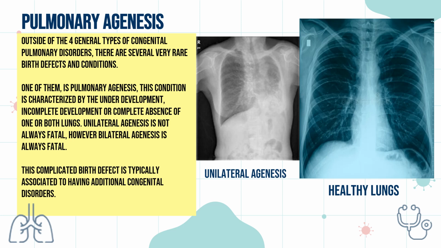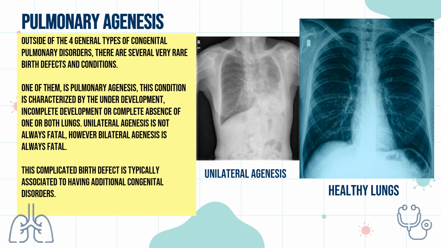Pulmonary agenesis is very rare. And this is just one of several very rare birth defects and conditions. This condition is characterized by the underdevelopment, incomplete development, or complete absence of one or both lungs.